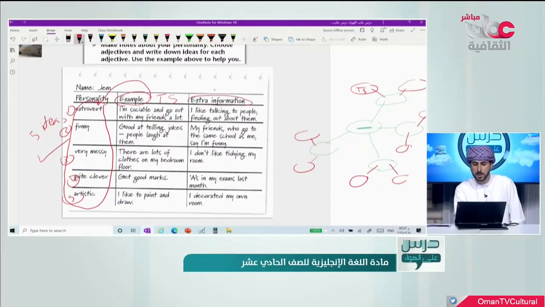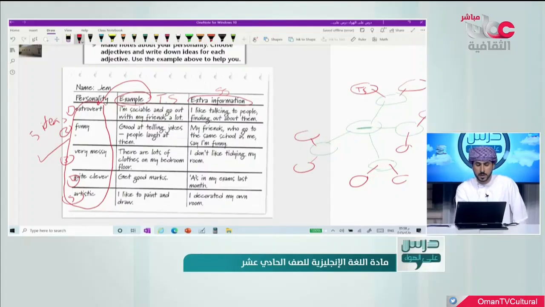Extra information, and we call them what? Do you remember? We call them supporting sentences. So adding to this topic sentence, we wrote here what? I like talking to people, finding out about them. So here we have extra information.